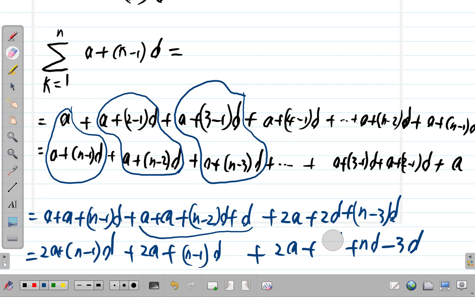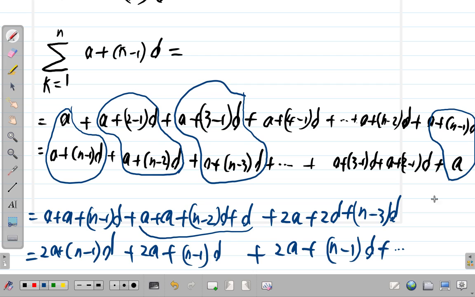So we can erase the 2D and the 3D, and we get minus D. Now, if we factorize, put D outside the bracket, we're going to get D n minus 1, which is the same thing as n minus 1 D plus, and you go on and on until you reach the last part that says A plus A. It's going to be 2A plus n minus 1 D.